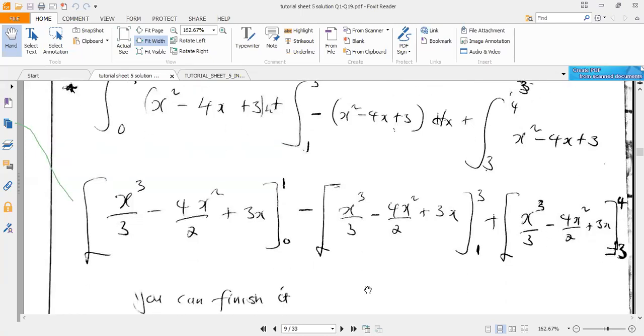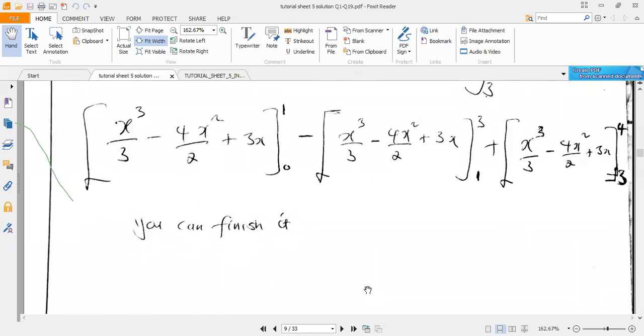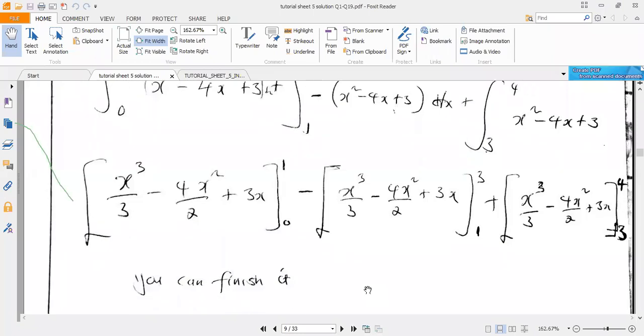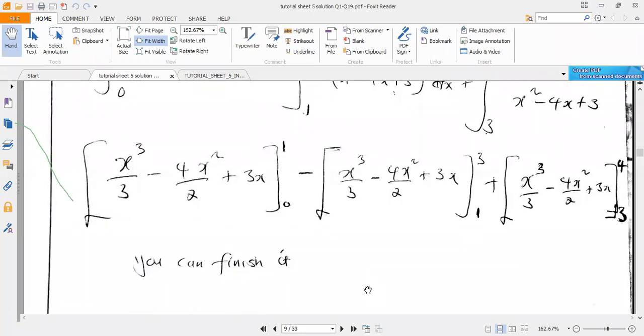When you add those, you will see that you come up with a constant solution. During your free time, just plug in those values and see what you get. It's easy, guys, from that point.